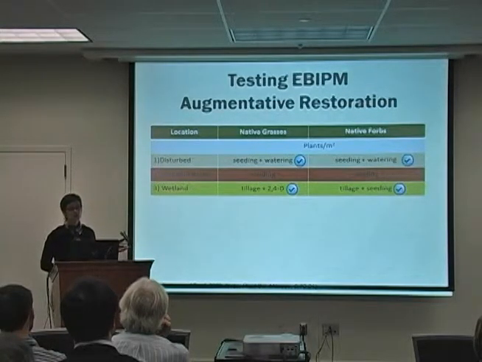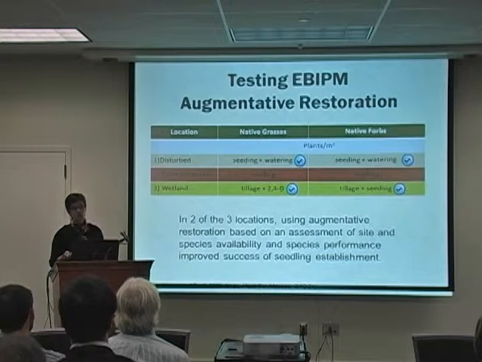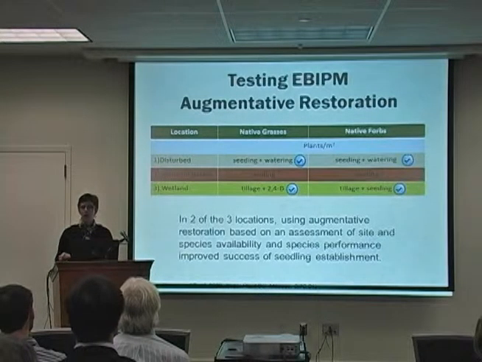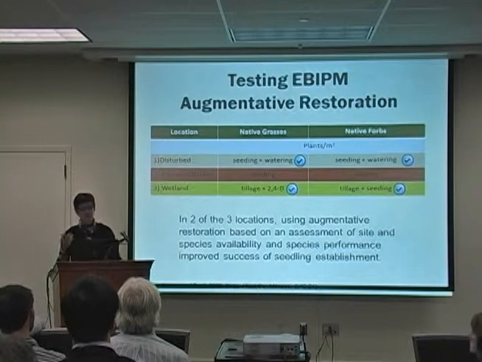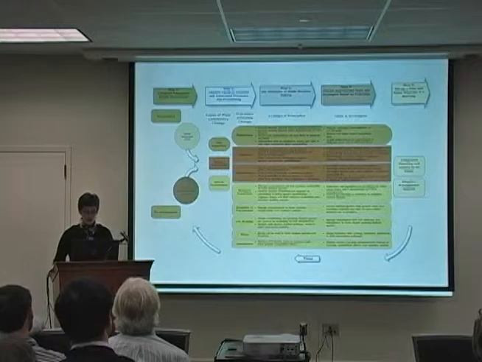So their conclusion in this paper was that in 2 of the 3 locations, using augmentative restoration based on EBIPM gave them better outcomes than if they would have just haphazardly applied treatments that they thought would work, okay? And Roger referred to this morning when he said that 67% of the time using this model improved revegetation outcomes, okay? So that's one example.